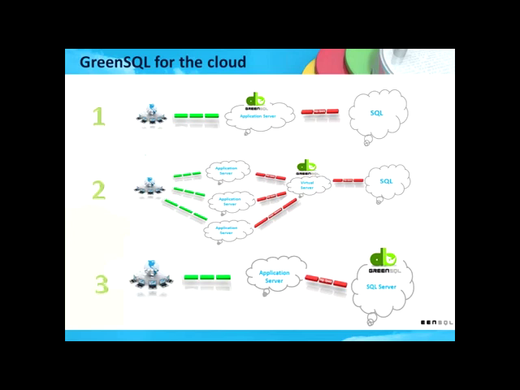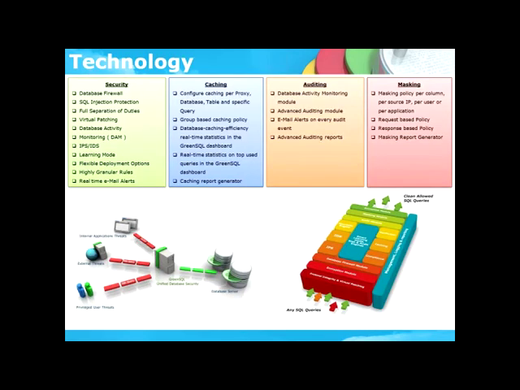Many customers have been worried about upgrading to a cloud service because of not knowing how exactly and how precisely to secure and control access to their cloud services. So using GreenSQL, not only are you able to secure access to your database service, but you're also able to secure it from SQL injection attacks or any other attacks.